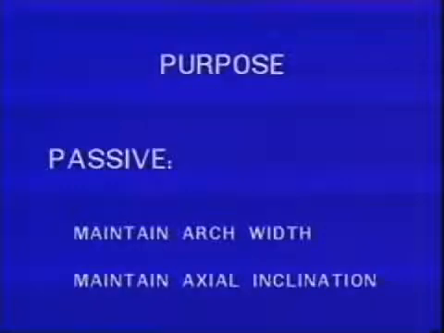The passive features of the appliance are to maintain arch width and to maintain axial inclination of the teeth. These a person can understand to be true advantages in offsetting reciprocal forces and preserving arch width while other forces are applied to the arch.